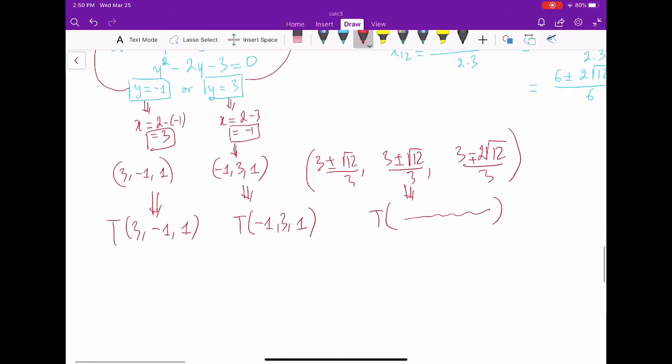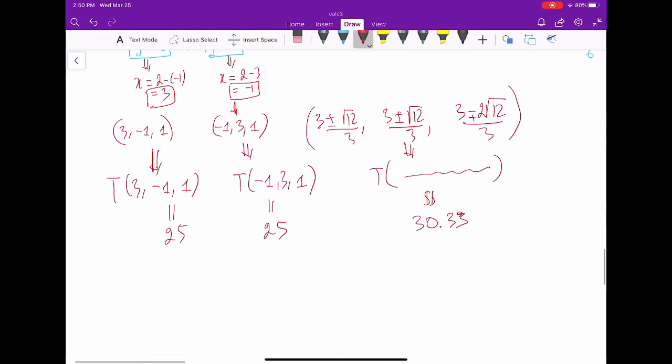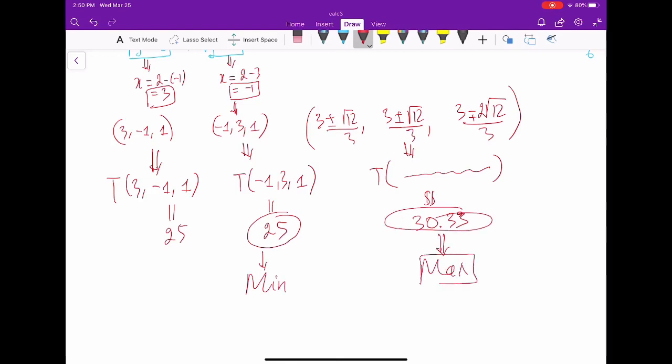And it turns out that this value is 25, this value is 25, and these two guys are approximately equal to 30.33. So you can see that actually this is the minimum and this value is maximum. So we are done for this problem.